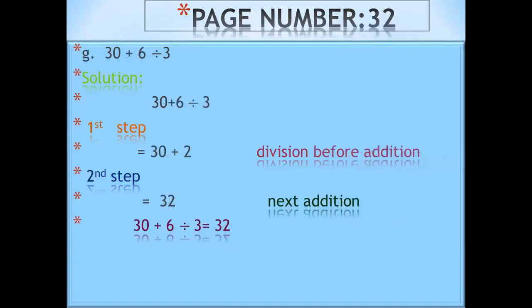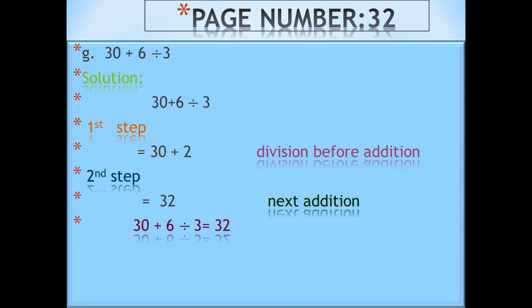Yes, part G. 30 plus 6 divided by 3. Should I add the number first? No, because due to the DMAS rule, D is before A, first division, then addition. So we divide 6 and 3. 6 divided by 3, 2.